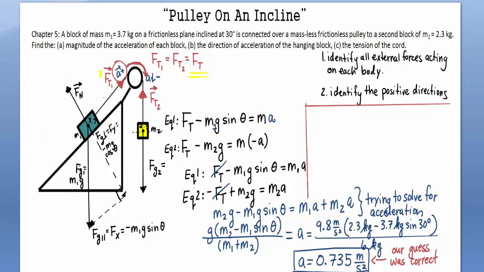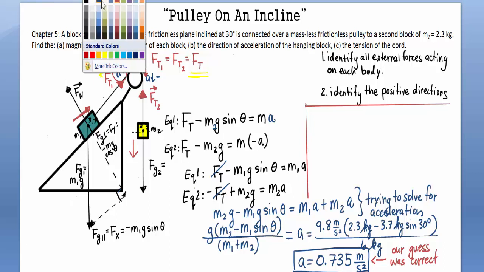Okay, so if you didn't understand what part B was asking, that means that block 1 is coming up the incline and block 2 is going down vertically. That's exactly what part B is asking for. So we did find the correct direction of acceleration.